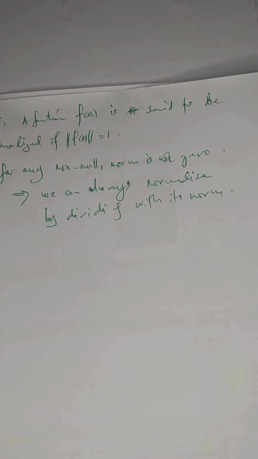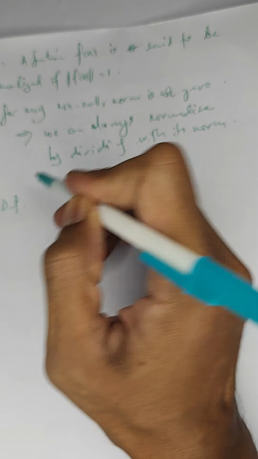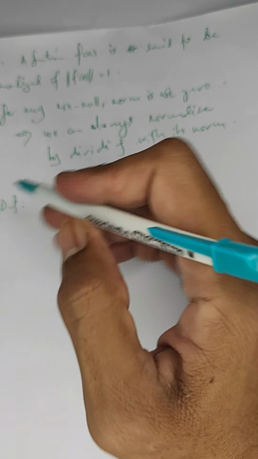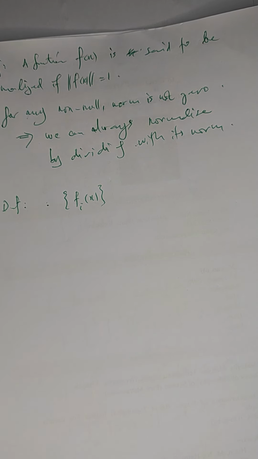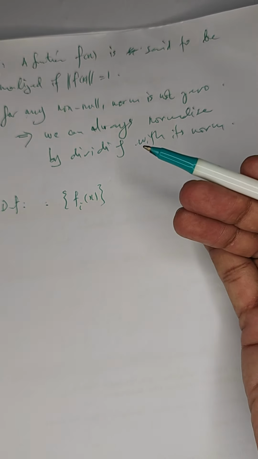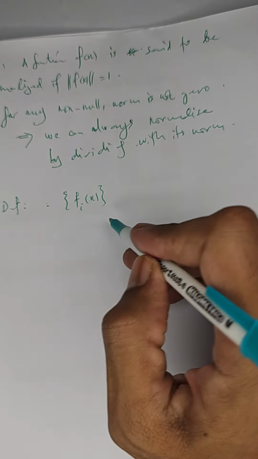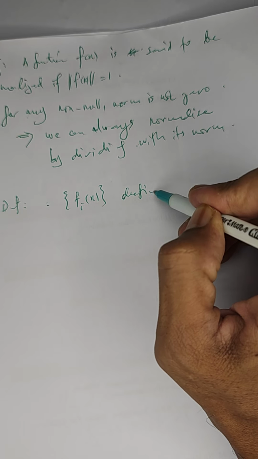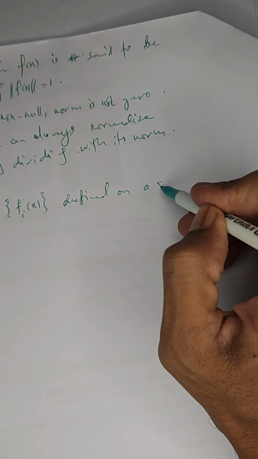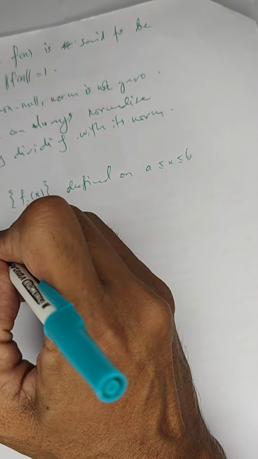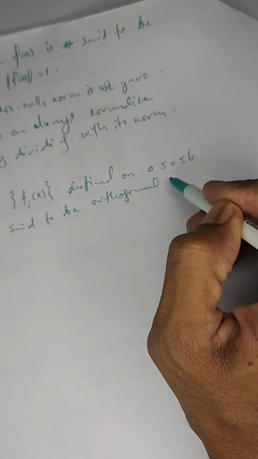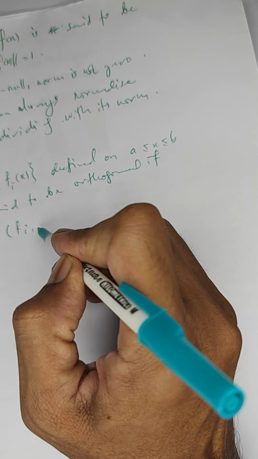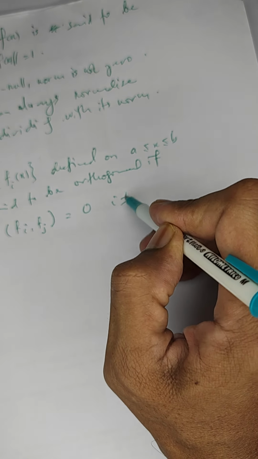We say a finite or infinite set f_i(x) which is defined on [a, b] is said to be orthogonal if the inner product of f_i and f_j is 0 for i different than j.